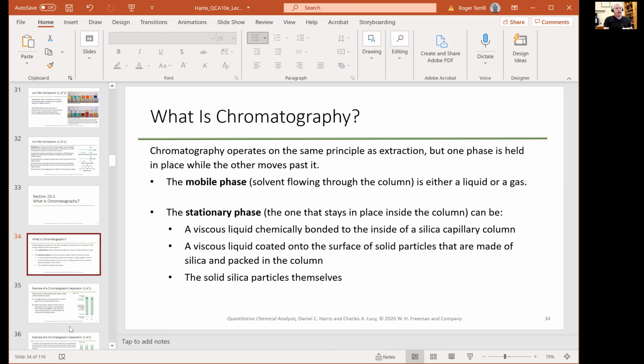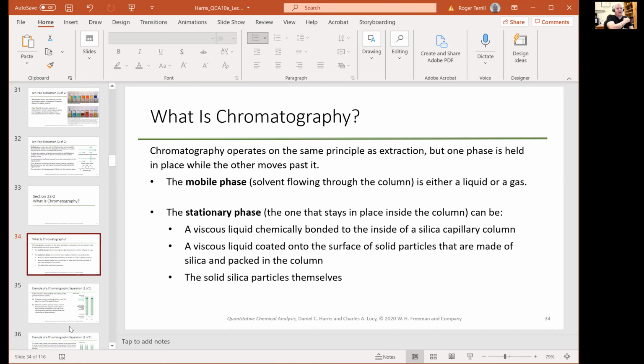The mobile phase is either a liquid or a gas. I don't think there's any kind of plasma, if that's really another state of matter, but there's a liquid or a gas that moves through a tube, a column.